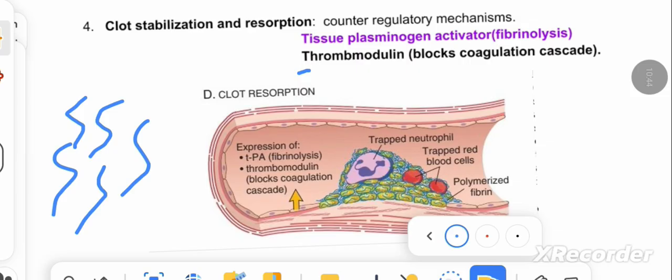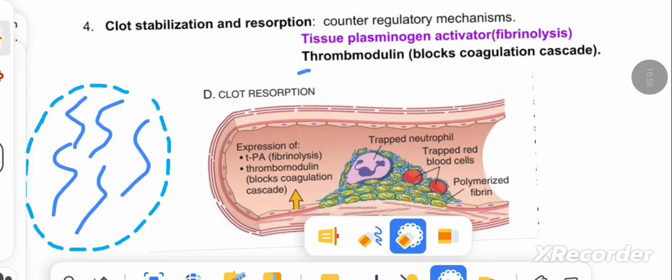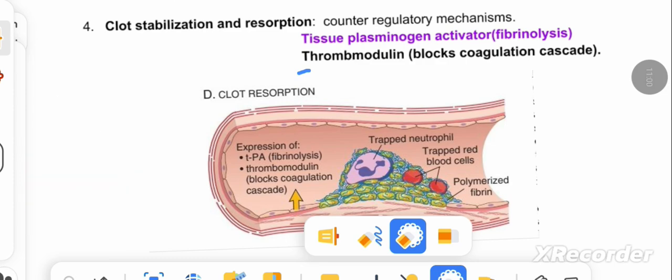So what it will do, some of them, instead of activating platelets further, adhering to platelets further, there is this tissue plasminogen activator which will now cause lysis, fibrinolysis of those fibrin.